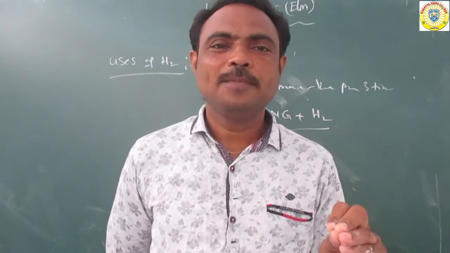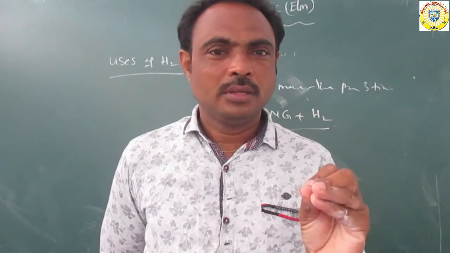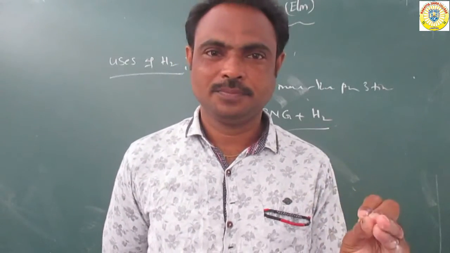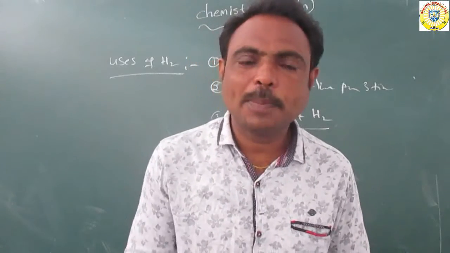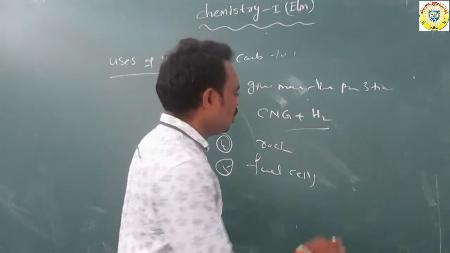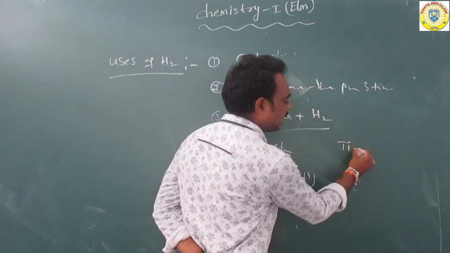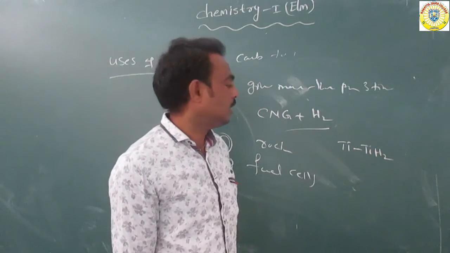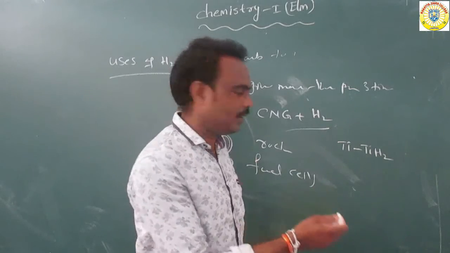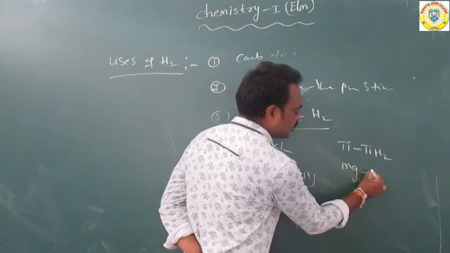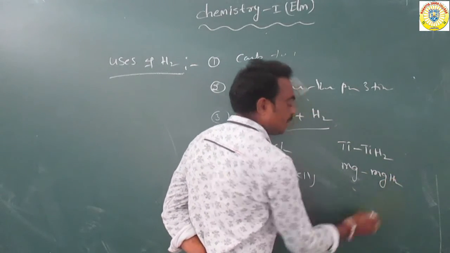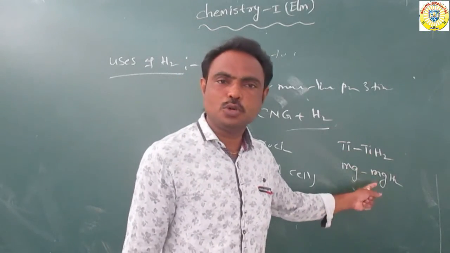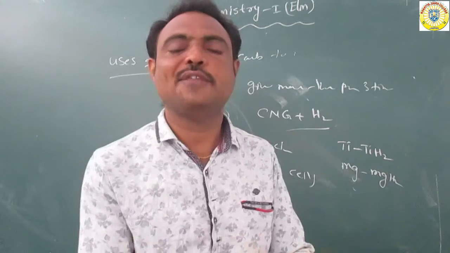For that purpose we use different types of tanks. The tanks are prepared from some alloys. Which type of alloy? Titanium hydride, TiH2, and magnesium hydride, MgH2. These types of compounds are used for the preparation of tanks.